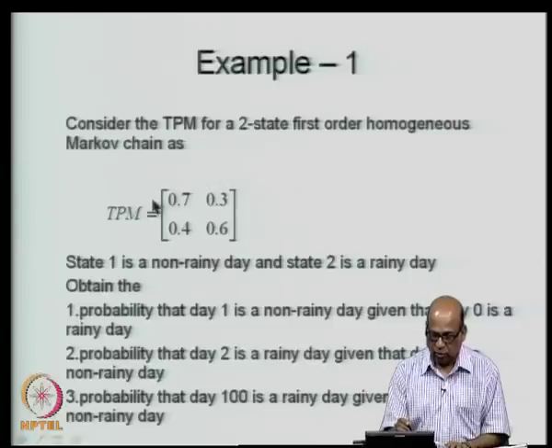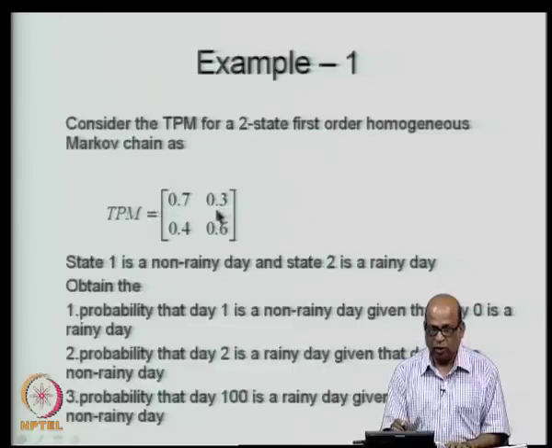So, starting with a non-rainy day, what is the probability that it goes into a non-rainy day is given by this. So, 0.7 is the probability with which it goes into a non-rainy day if the previous day was a non-rainy day. And if the previous day was a non-rainy day, the next day will be a rainy day with a probability of 0.3. So, this is how we interpret the transition probability matrix.